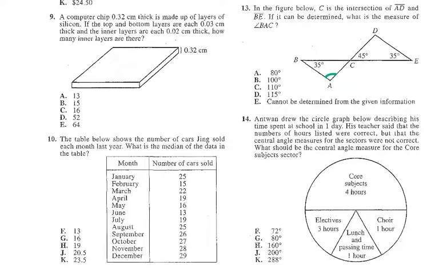According to the given information, angle B equals angle E, and we have a vertical angle. This is 45, here is 45. Therefore, these two triangles are similar to each other, which means the corresponding angles will be equal to each other too. Therefore, angle A equals angle D. For angle D, I can do 180 minus 45 minus 35. It will be 100. So B will be the answer.